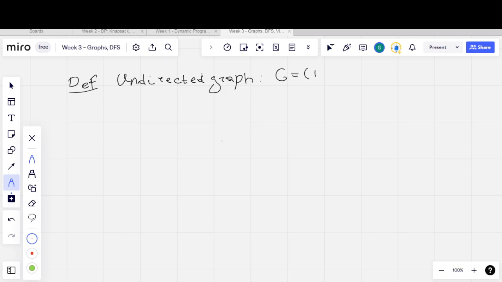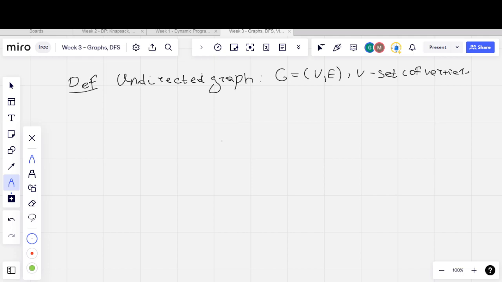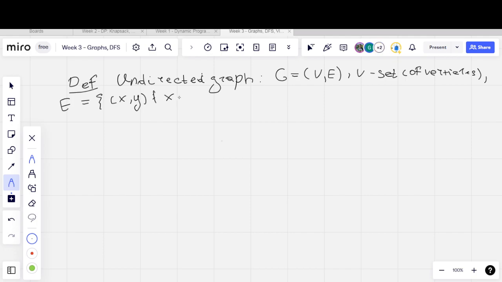It's a pair G = (V, E), where V is the set of vertices and E is a set of pairs (x, y) where x and y belong to V.